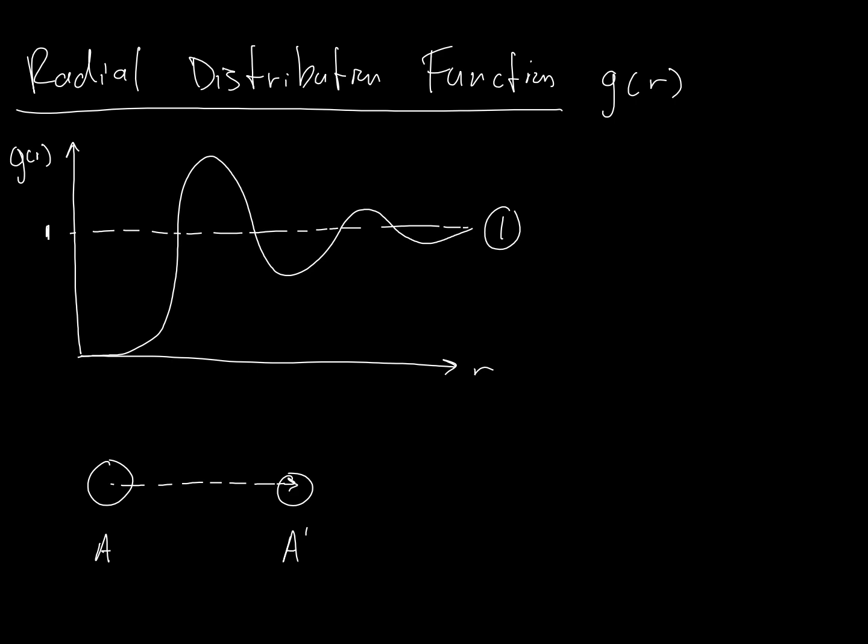What the radial distribution function tells us is the likelihood of finding two particles separated by some distance r compared to the regular likelihood of finding this in the bulk solution.